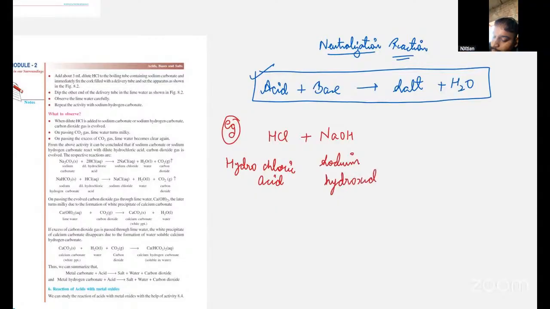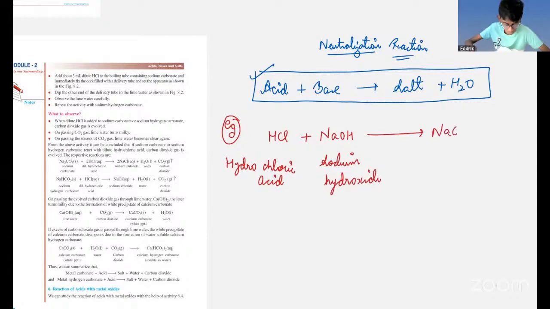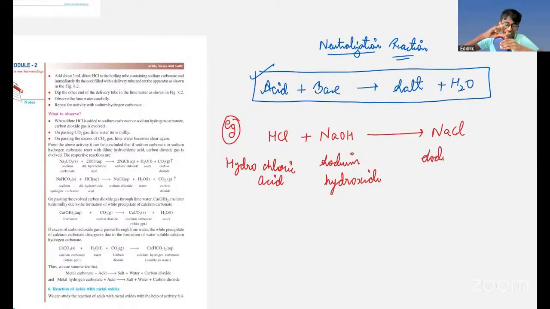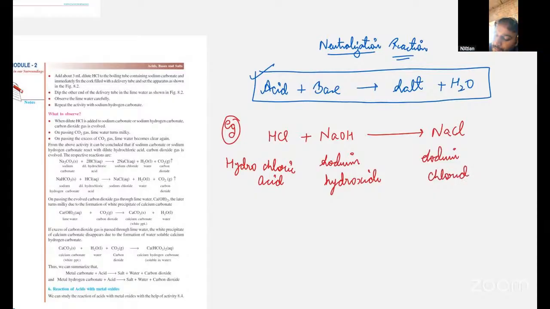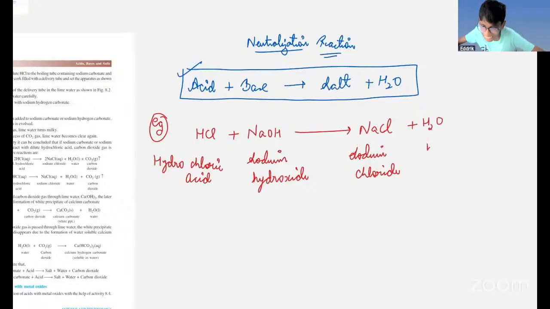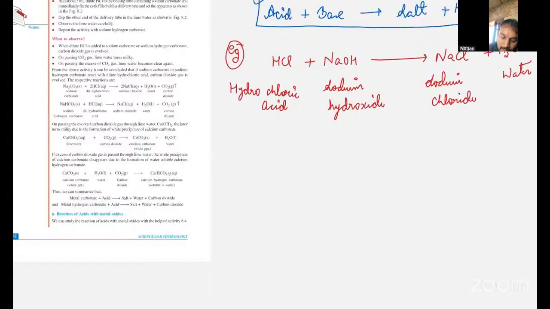When they react, they will form NaCl, which is salt, sodium chloride, plus H2O, which is water. Now, if I talk about the mechanism, guys, the mechanism will not come in your exam. This is only for your understanding.